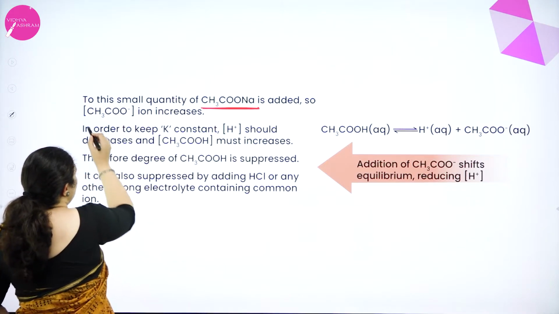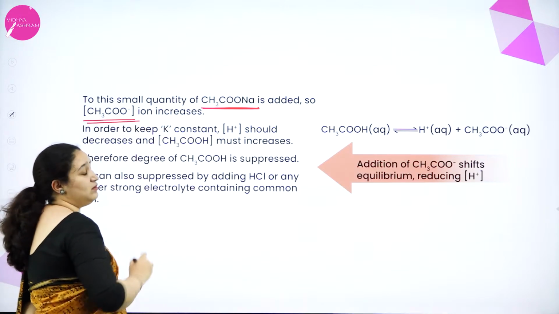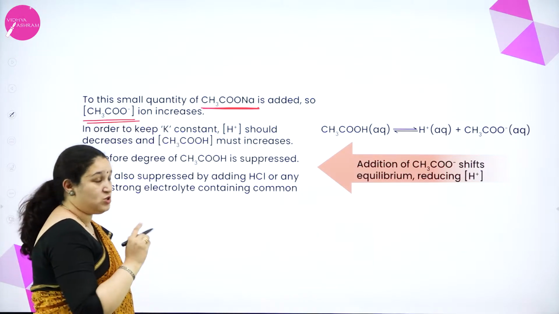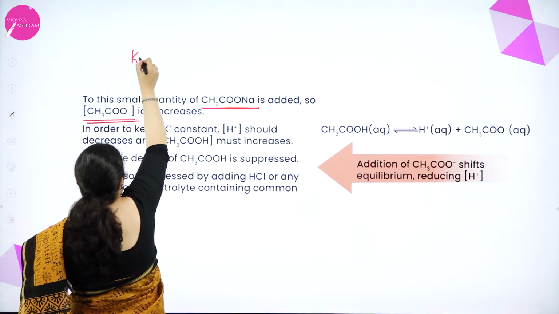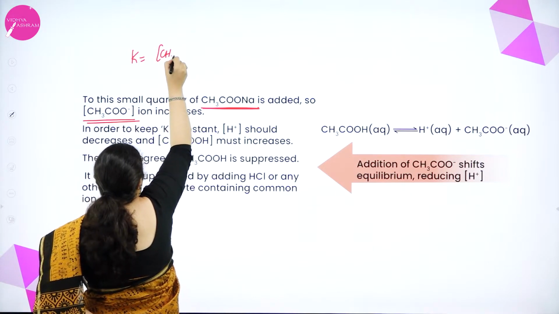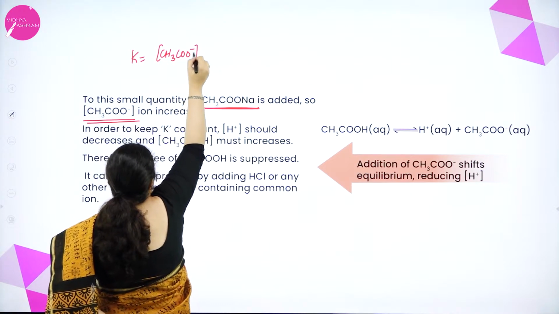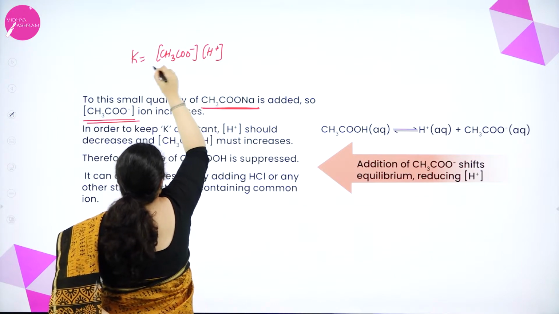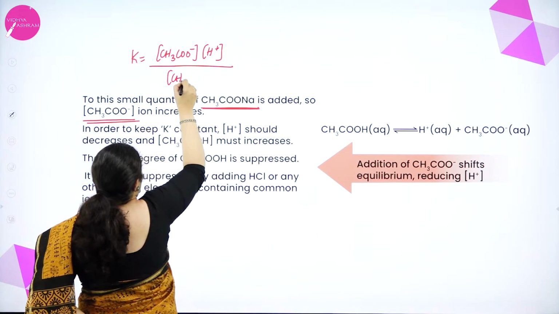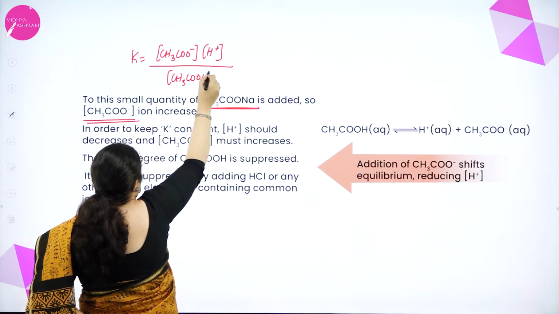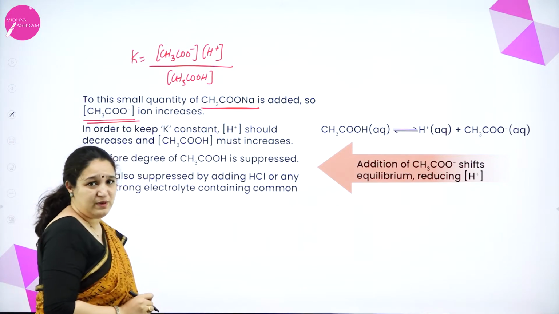So, CH3COO minus ion increases. So, what was the K value? K was CH3COO minus into H plus divided by CH3COOH. This was the equilibrium constant.